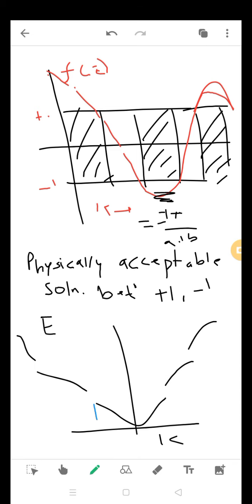Say the first, this is minus pi by a plus b, and this is pi by a plus b. So a difference of 2 pi by a plus b, and this is where the electron exists, and this is called the first Brillouin zone.